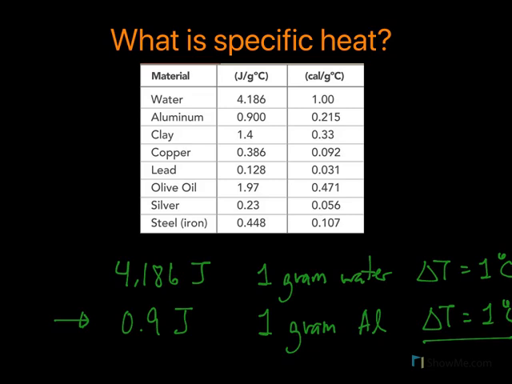That's why we use metal in cooking, because it'll transfer heat very easily. Meanwhile, water has a fairly large specific heat value, which is good because it actually makes the oceans and our bodies very stable. It takes a lot of heat to have a temperature change of 1 degree.